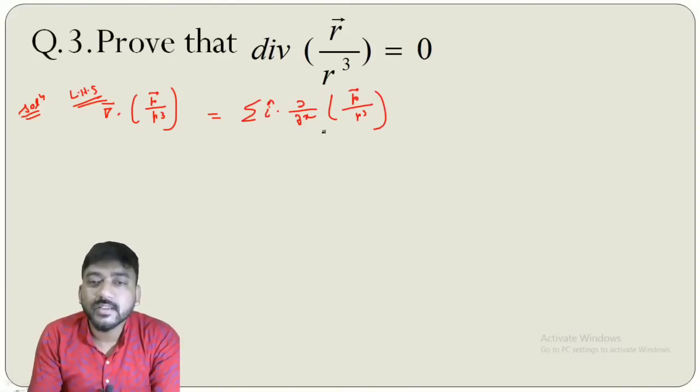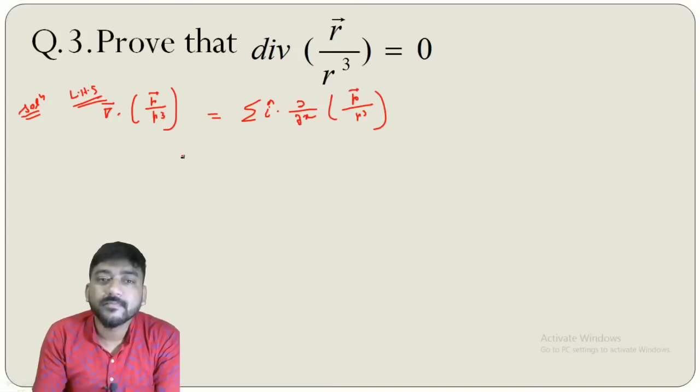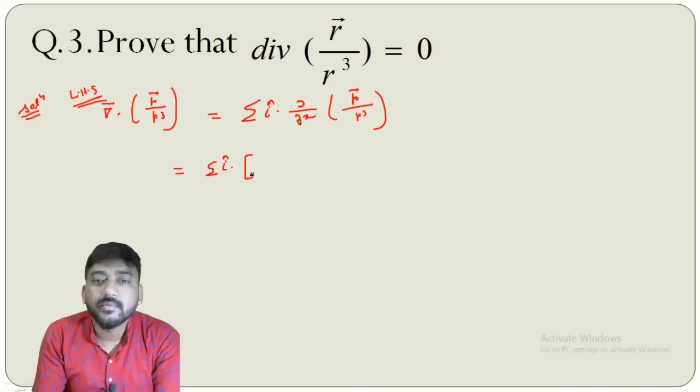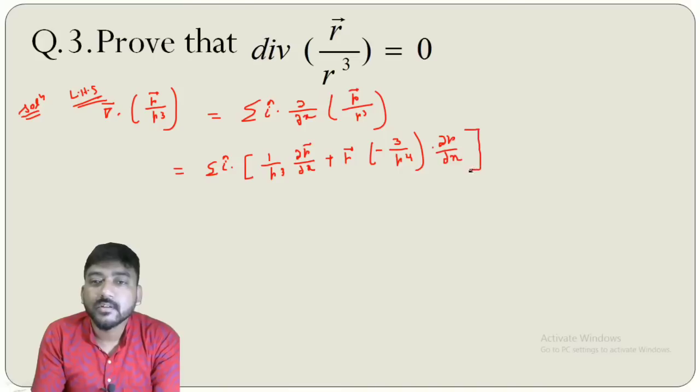So let me just differentiate this function with respect to x. So it will be just summation i dot, and if you take the differentiation in it, it will be 1 by r cube into just del r by del x plus r vector, and you know the differentiation of 1 by r cube is minus 3 by r to the power 4, and 1 del r by del x will be there. Okay, now again we have to substitute, instead of del r by del x we can substitute i cap.